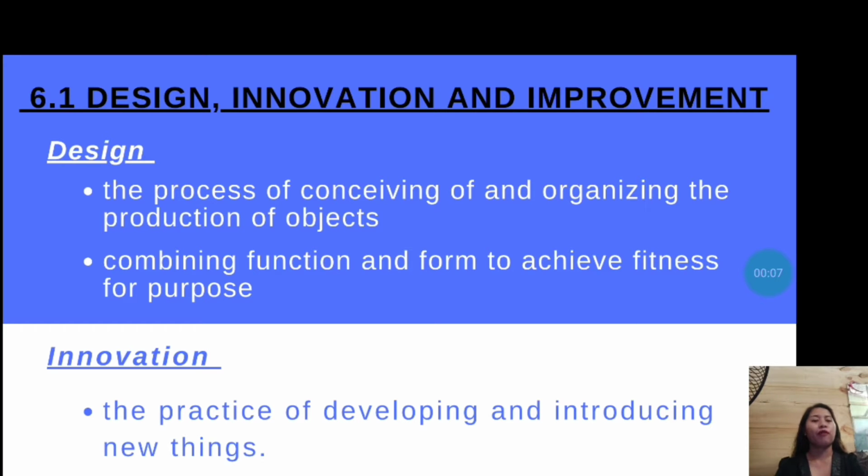Design is the process of conceiving of and organizing the production of objects. Those products and services are designed to generate revenue for a company by selling them to customers who see their value. Every company has a specific target market, so their products and services are designed only for that specific target.